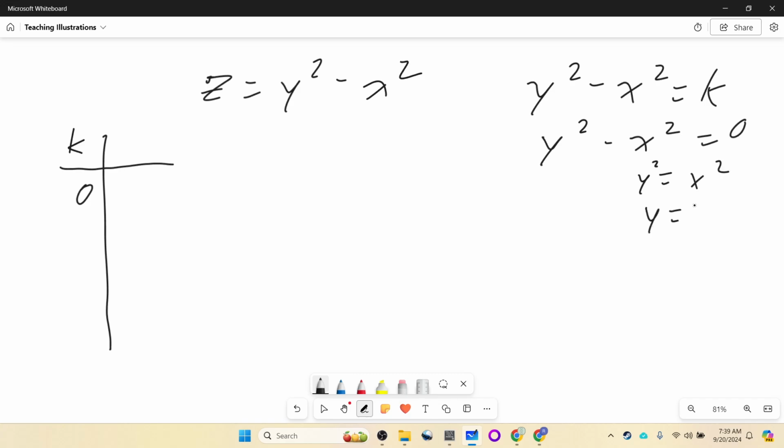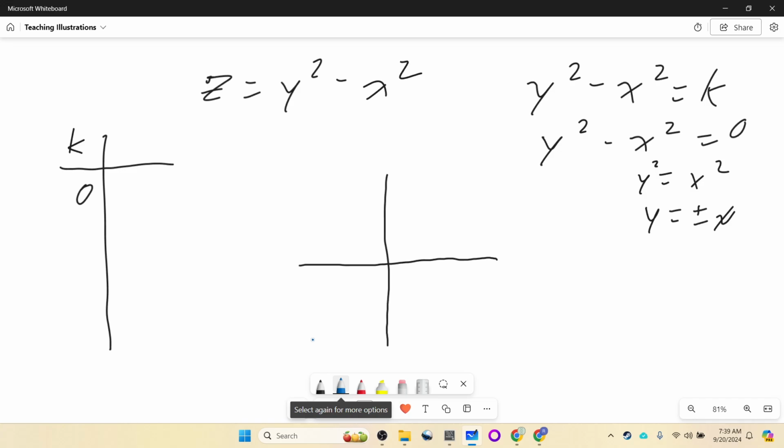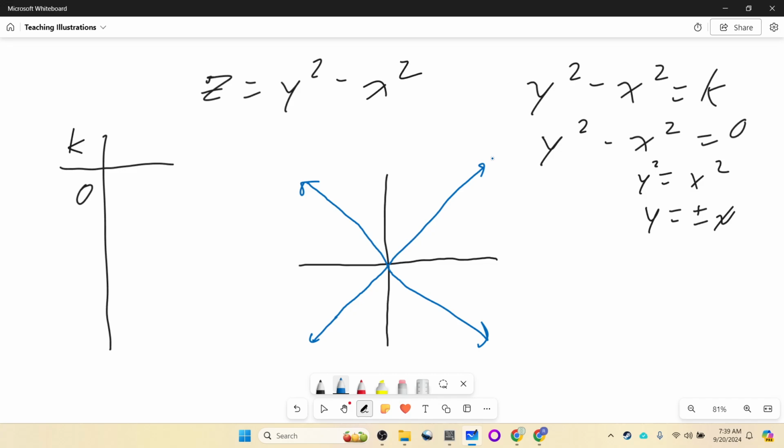Y is not just x, but plus or minus x, because we take the square root of both sides and get a plus or minus. So, two diagonal lines here, and this is k equals 0.